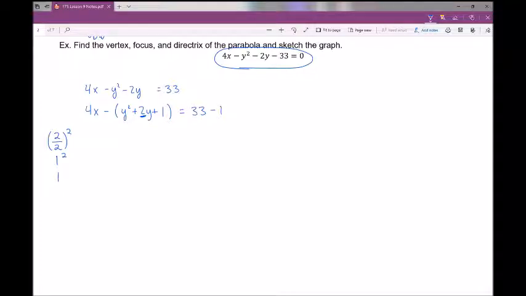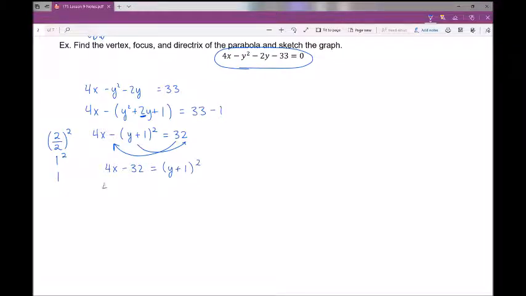So let's keep simplifying. So we get 4x minus, now if we factor down this trinomial, we get y plus 1 quantity squared is equal to 32. And if we want to put this in standard form, all we need to do is move this y plus 1 squared to the other side, move the 32 to this side, so we get 4x minus 32 is equal to y plus 1 squared.